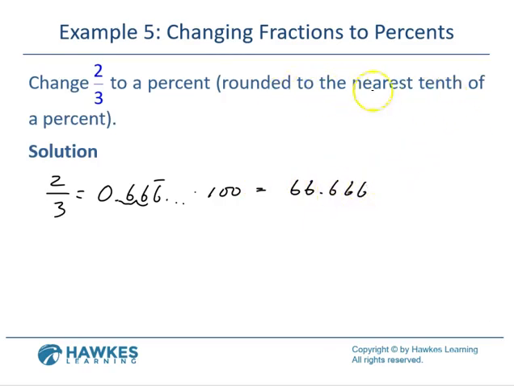That's why they're saying rounded to the nearest tenth of a percent. When you look at this digit right here, it's 5 or greater, so we'll round this up, which gives us 66.7%, which is what 2/3 would be as a percent.